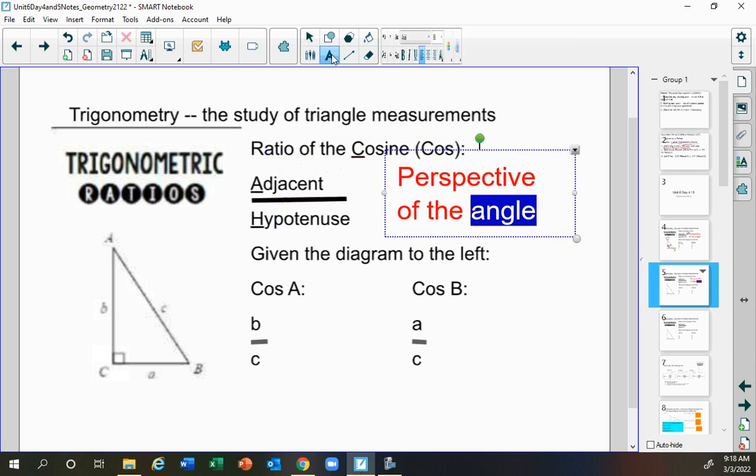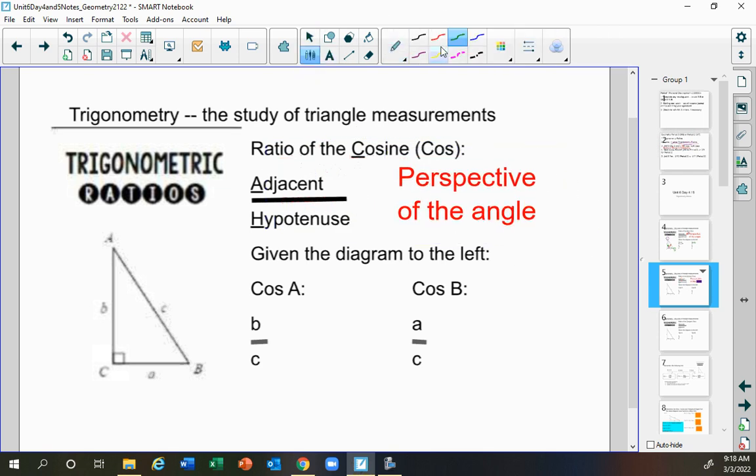Because you look at angle A, well, of course, the hypotenuse is always going to be the same. That hypotenuse is always across on the right angle. So that never changes.